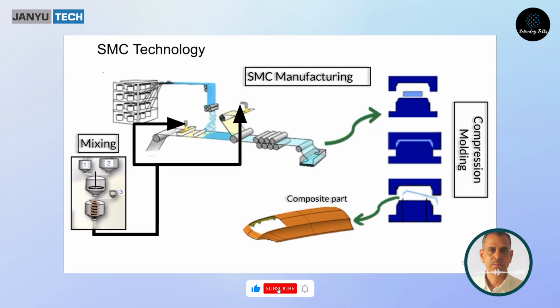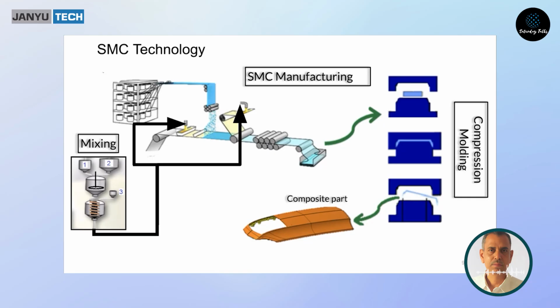This material may be low shrink, medium shrink, zero shrink, Class A, fire retardant, or conductive material. You name it and you can do it. There are infinite opportunities to formulate it based on the requirements of the end-use application.